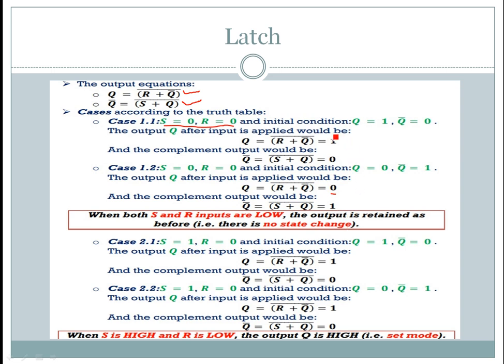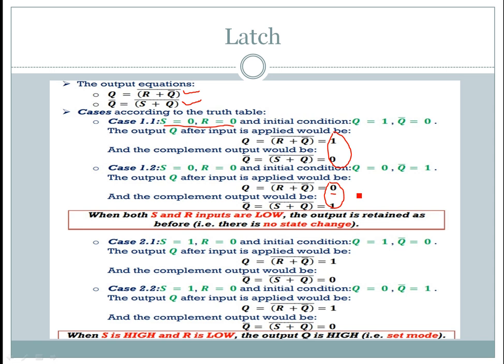Now just observe that in both cases Q and Q bar values are the same as before. That is, if you consider Q value 1, the next state value is 1, and if you consider Q 0, the next state value is 0.